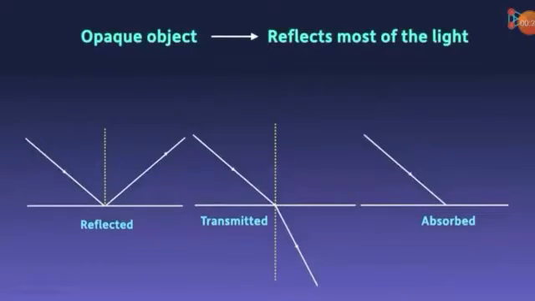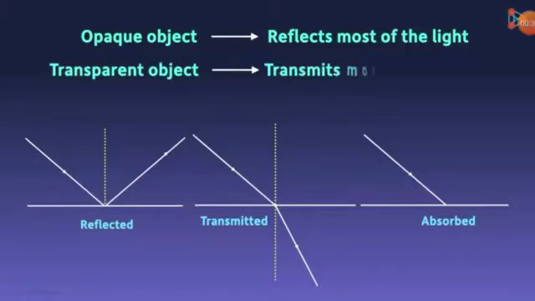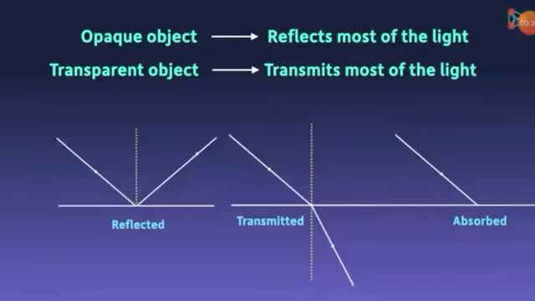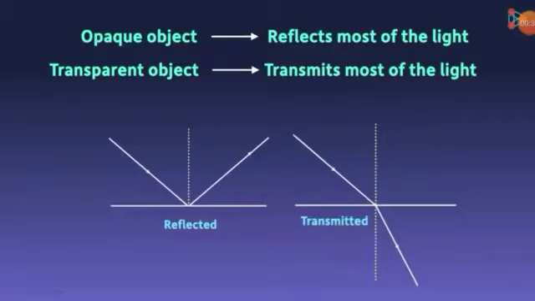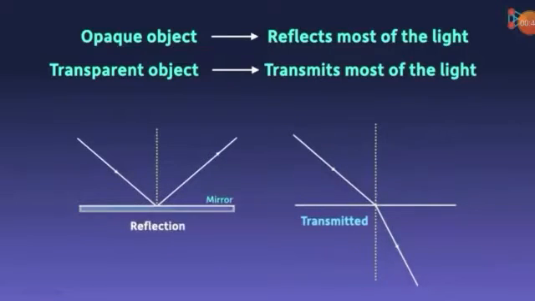If the object is opaque, it reflects most of the light. If it is a transparent object, it transmits most of the light.